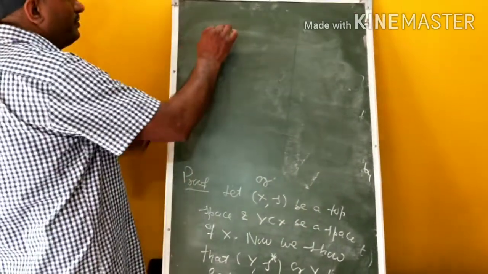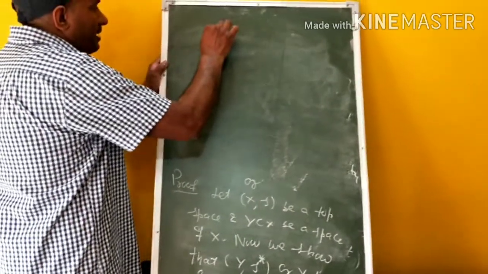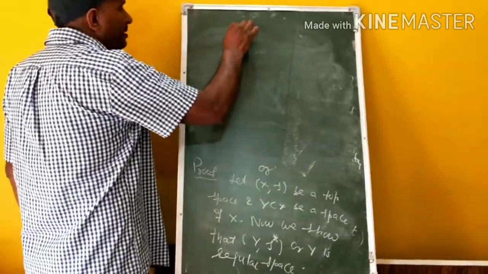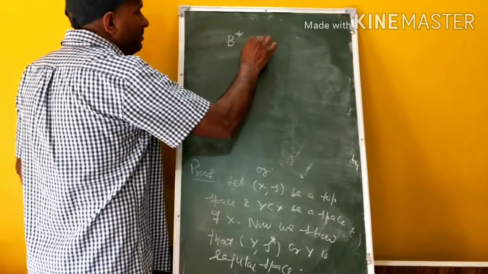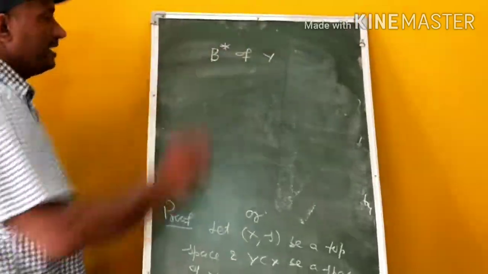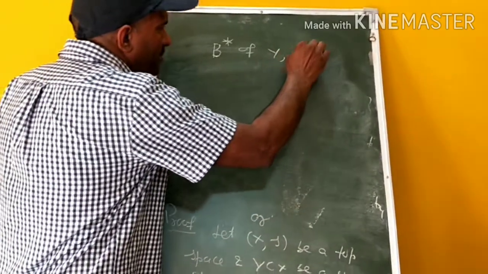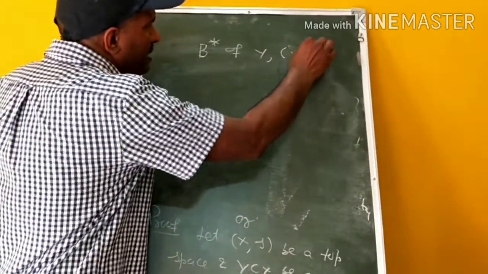For this we take a closed subset, say B*, of Y. Here Y is a subspace, and we can denote the subspace Y by (Y, T*).